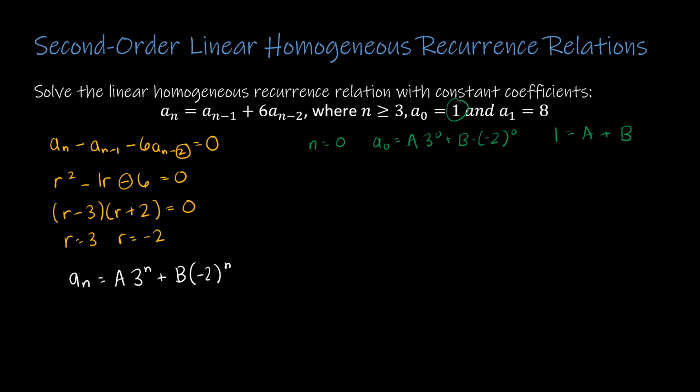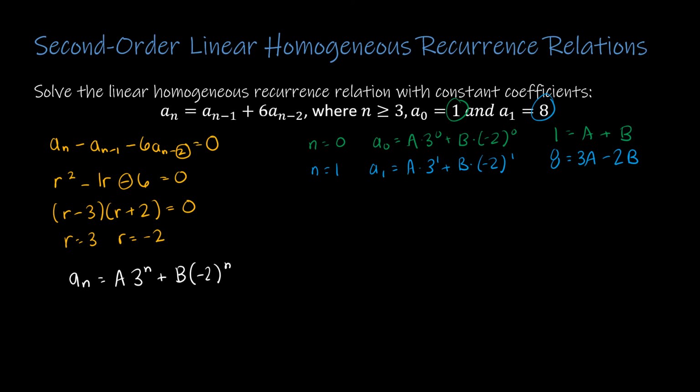Then I'm going to do the same for n equal 1, which gives me a sub 1 is equal to a times 3 to the first plus b times -2 to the first, which reduces, a sub 1 is 8, so 8 is equal to 3a minus 2b.